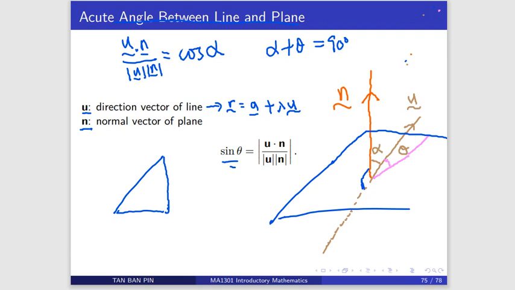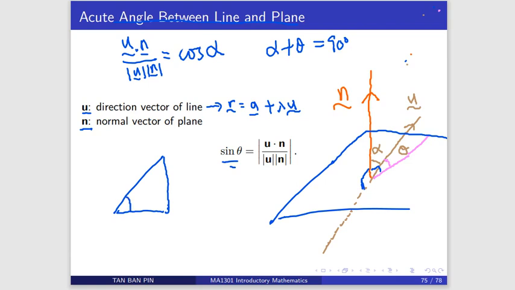When you measure the angle between the line and the plane, you measure it with a line on the plane, such that this is 90 degrees. So with that, you know that alpha plus theta is 90.